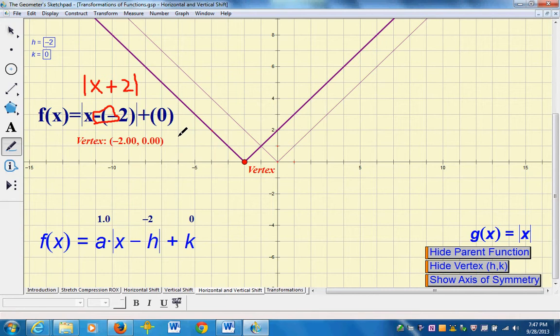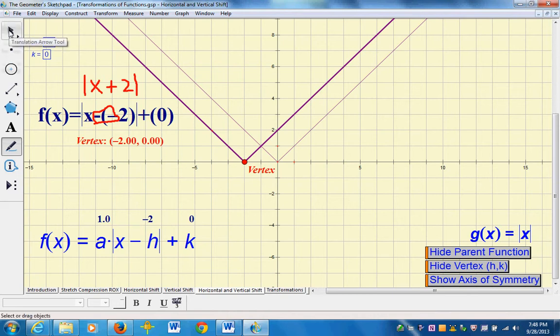So that would be what this function is. So notice that inside the absolute value I have a plus 2 that corresponds to my vertex of my x-coordinate, which is minus 2. It's moved my function to the left 2.